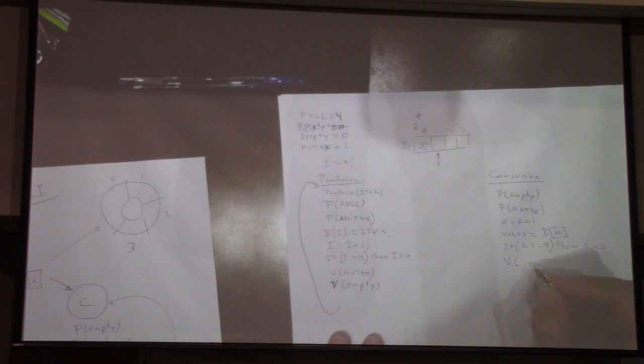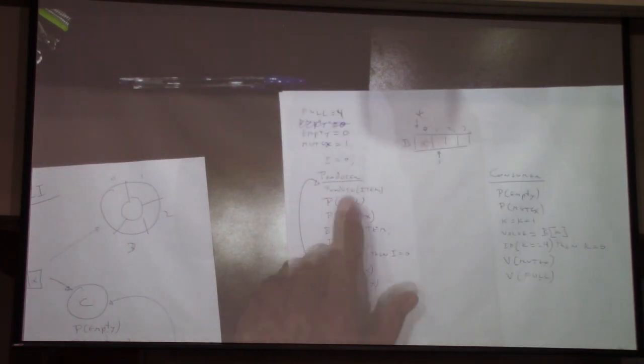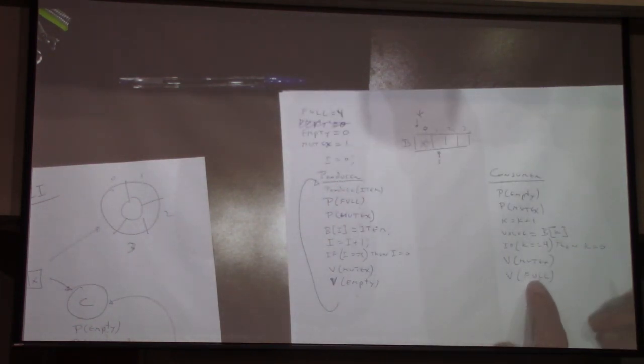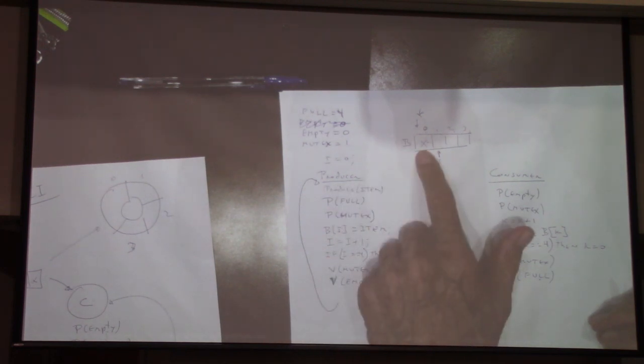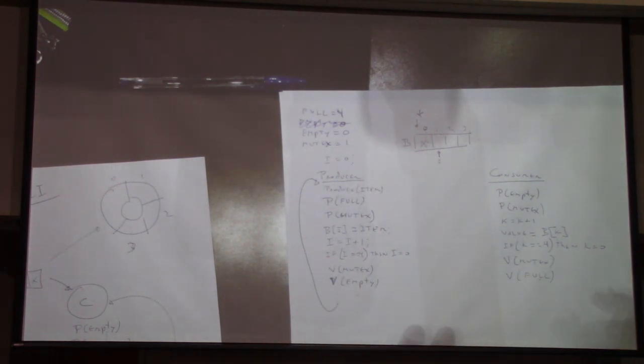We have a V of mutex, and then we have V of full. This is to increment the semaphore full, because that is the consumer telling the producer that there is a new free space in the buffer. And then we consume.